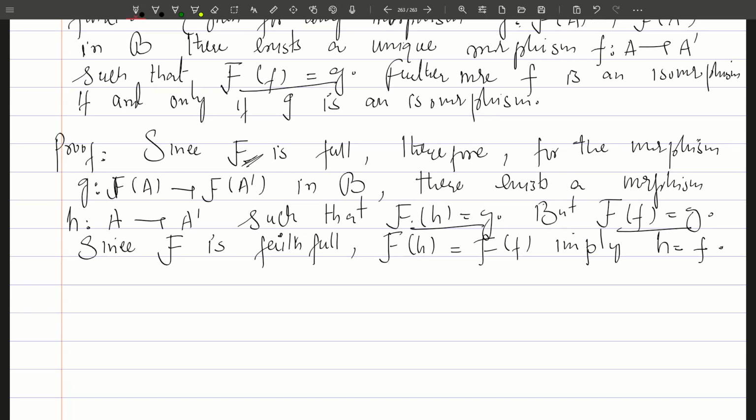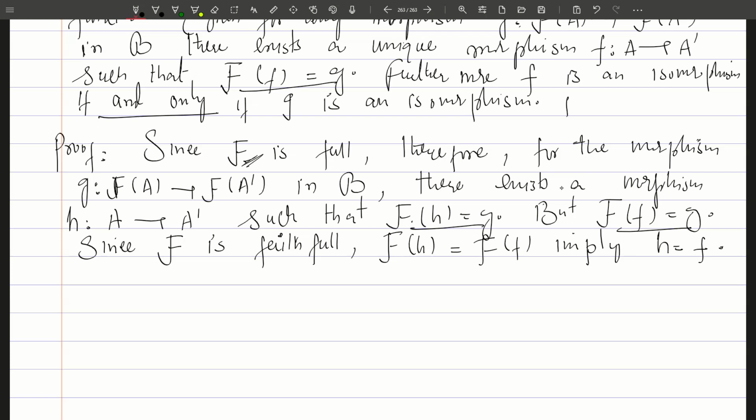Now to prove that this functor F preserves isomorphisms, this is the if and only if condition. So we know a functor F always preserves isomorphism.